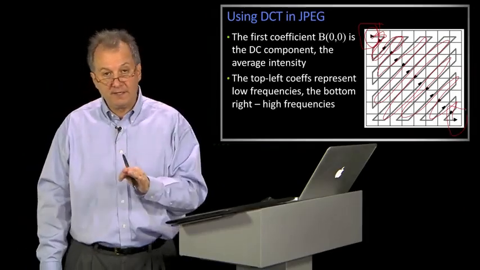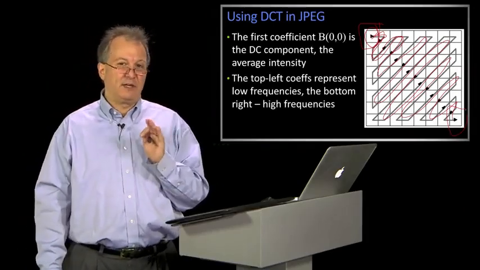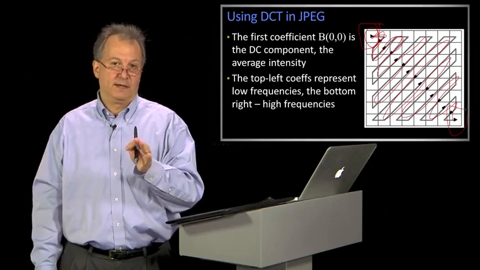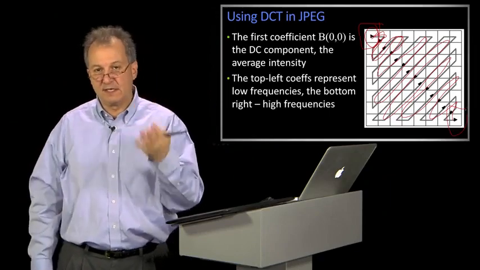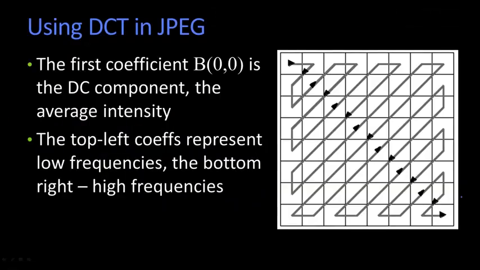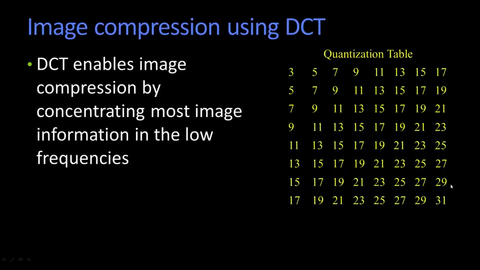Now, what we said before is we don't have to represent the higher frequencies that well, just the high contrasty components of it. So one way of doing that is saying, what if we encode these coefficients with more bits than these coefficients? And that gives you what's called a quantization table. The DCT, discrete cosine transform, does the compression by, so what this 3 means is we keep the coefficient to the nearest 3 values.